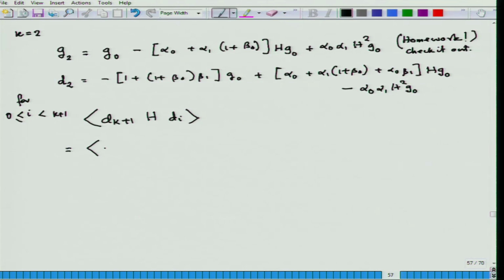Now, d k plus 1 is of course minus g k plus 1 plus beta k d k.